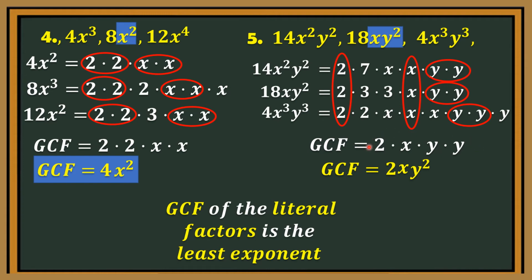So, if you're going to simplify that, the greatest common factor is 2, just copy x, y times y is y squared. That is why the greatest common factor of these terms is 2xy squared.